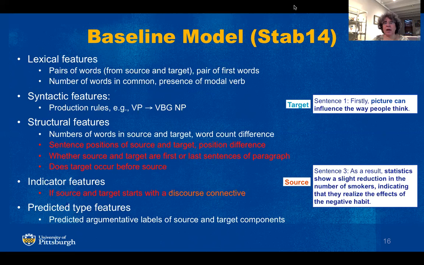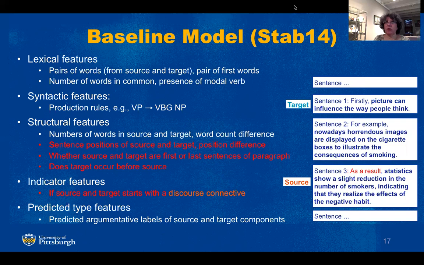And it looks at discourse markers that might be present in the target and source. And this is actually a bit misleading in a case where they're not adjacent. For example, sentence 3 begins with the discourse marker "as a result," but it's not actually a relationship with sentence 1, it's a relationship with sentence 2, which is currently not available in this baseline model.